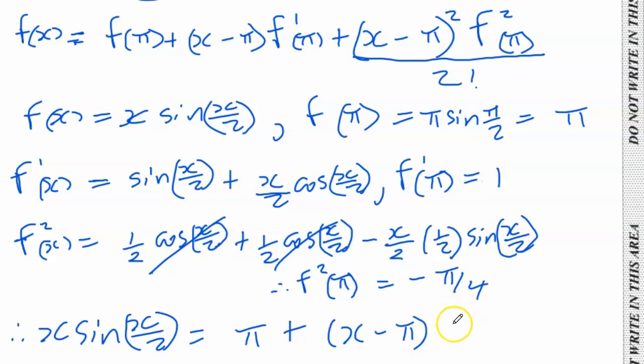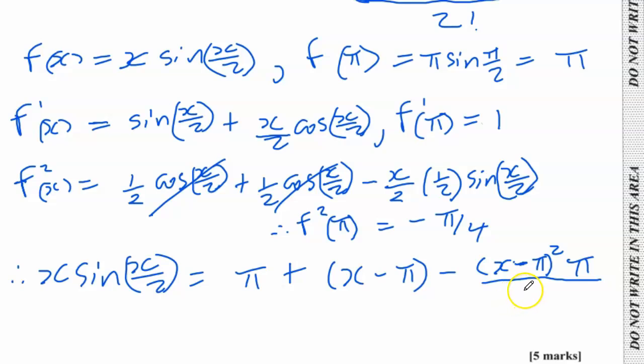And the next term is a negative term: x minus pi all squared times the second derivative evaluated at pi, which is negative pi over 4, over 2 factorial, which is 2, so it should be negative pi over 8. So those will be the first three non-zero terms.